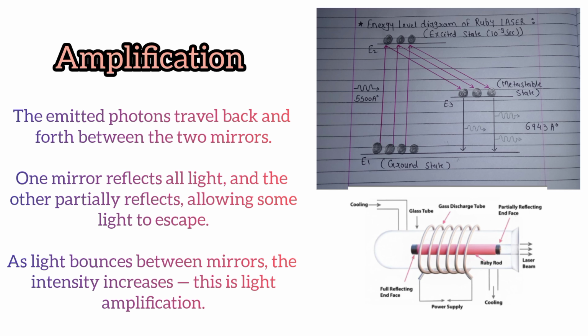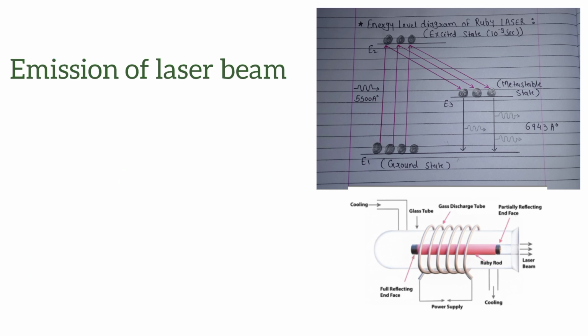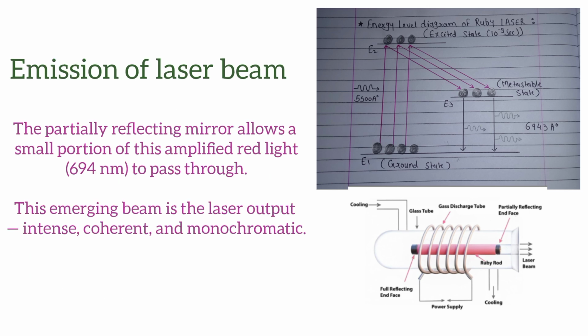This is light amplification. Emission of the laser beam. The partly reflecting mirror allows a small portion of this amplified red light of 694 nanometer to pass through it. This emerged beam is the laser output, intense, coherent and monochromatic.